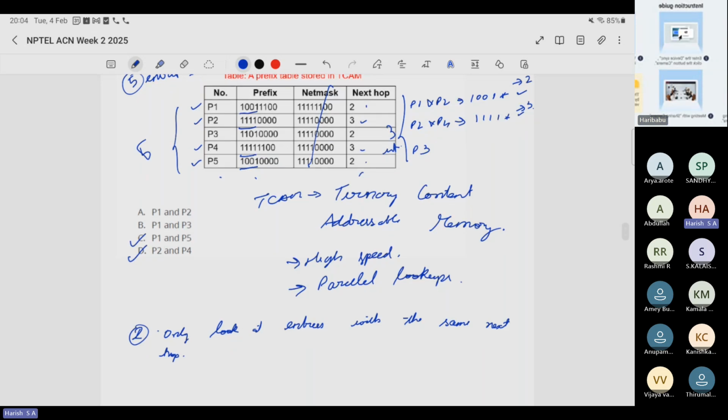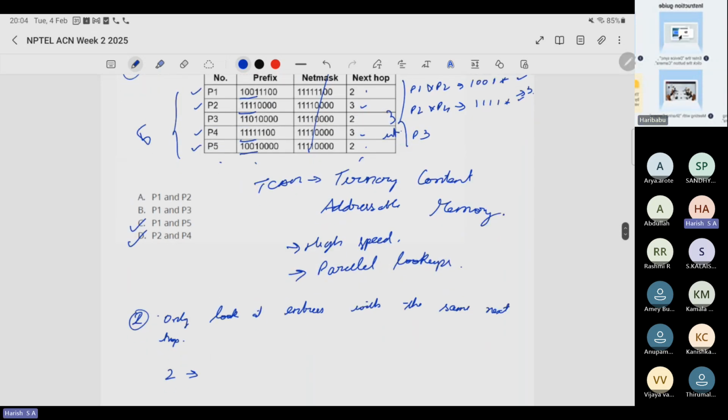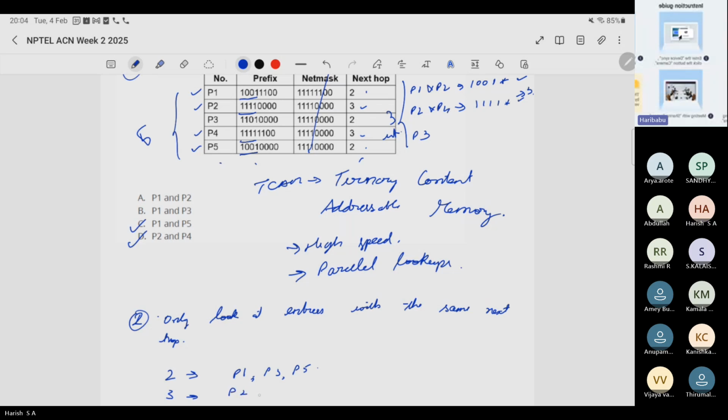So now, if you look at next hop of 2, what are all the entries that you have? P1, P3, and P5, correct? And then if you look at a next hop of 3, we have P2 and P4.